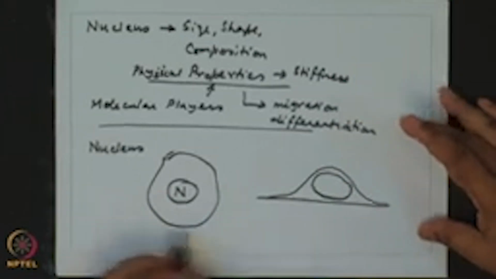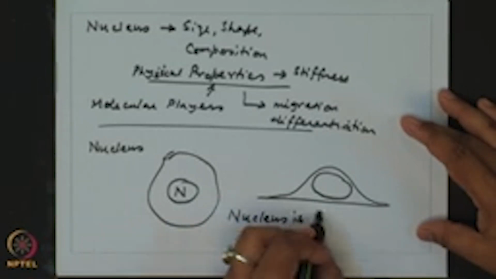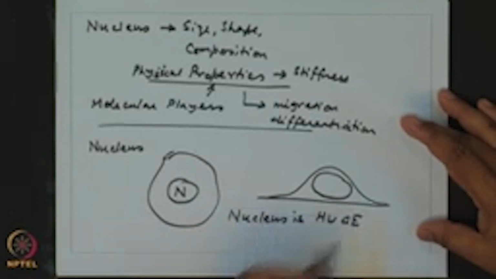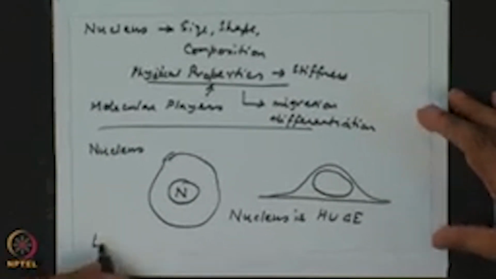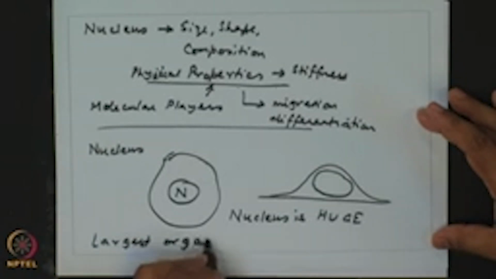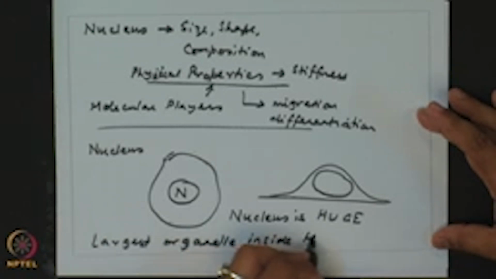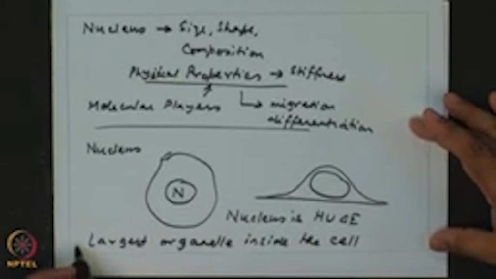So, clearly what you see is the nucleus is huge. It is perhaps not surprising, since it is the largest organelle inside the cell, and it is also the stiffest component.